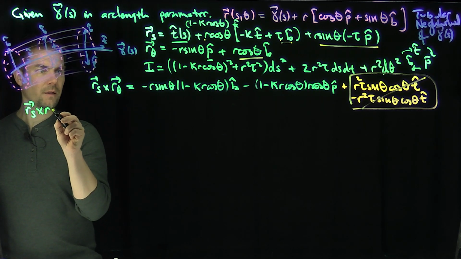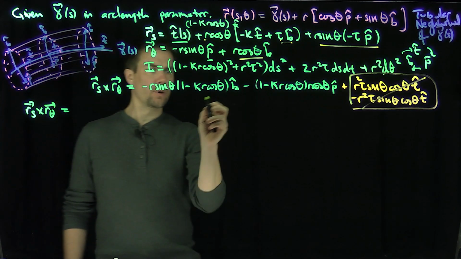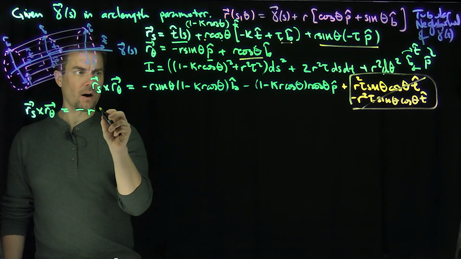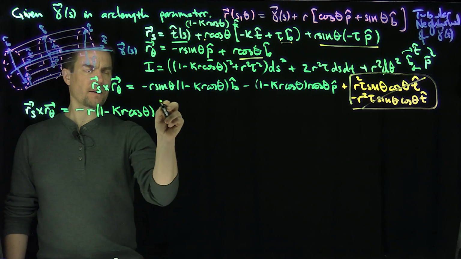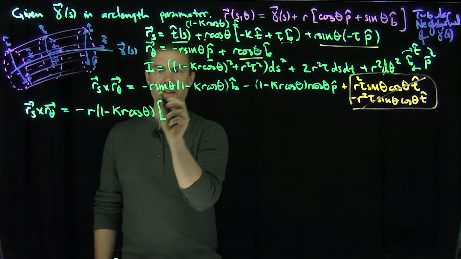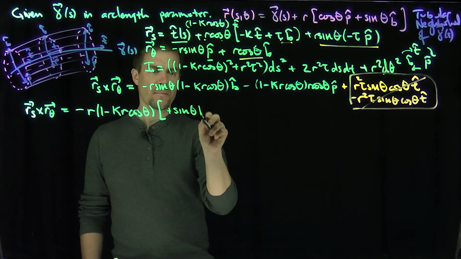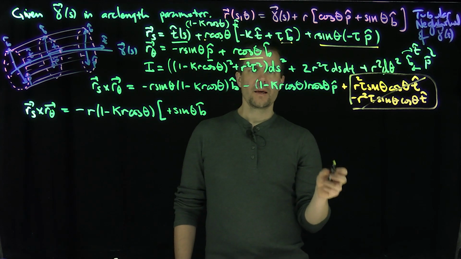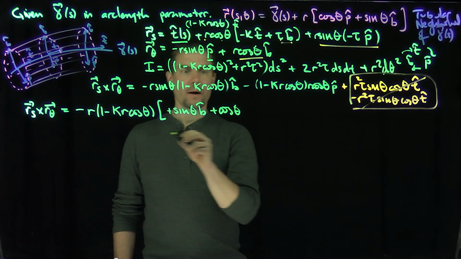And so we have rs cross r theta is going to be, I'm just going to pull out the common terms over here. It's going to be negative r and then 1 minus kappa r cosine theta. And then what's left over, if I pull out that r, is going to be a negative sine theta, going to be a positive sine theta b hat. And then a positive cosine theta p hat.